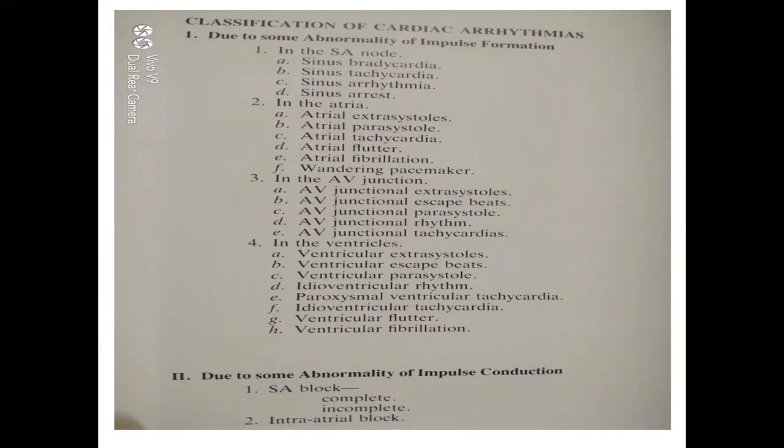So minus 10, it has to come to 50 to 60. It's easy. So when the heart rate goes to 50 to 60, that means the conduction has started from the AV junction.